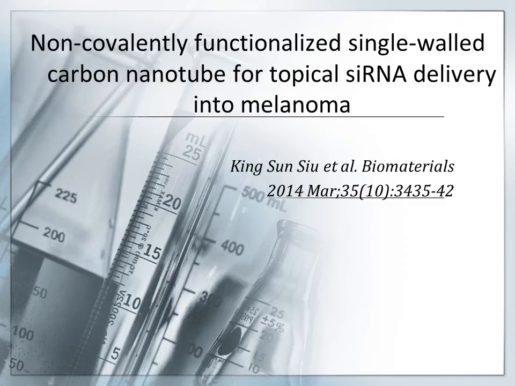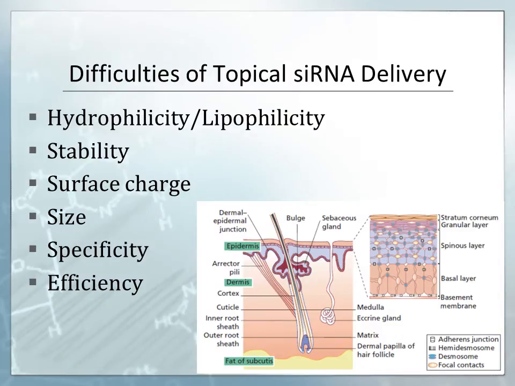This is another project, in which I used nanotubes for topical delivery of siRNA in melanoma, which was published in Biomaterials. Topical siRNA delivery against the skin is difficult because the skin was designed to prevent the entry of harmful substances. siRNA is certainly one of the foreign substances that our skin would exclude.